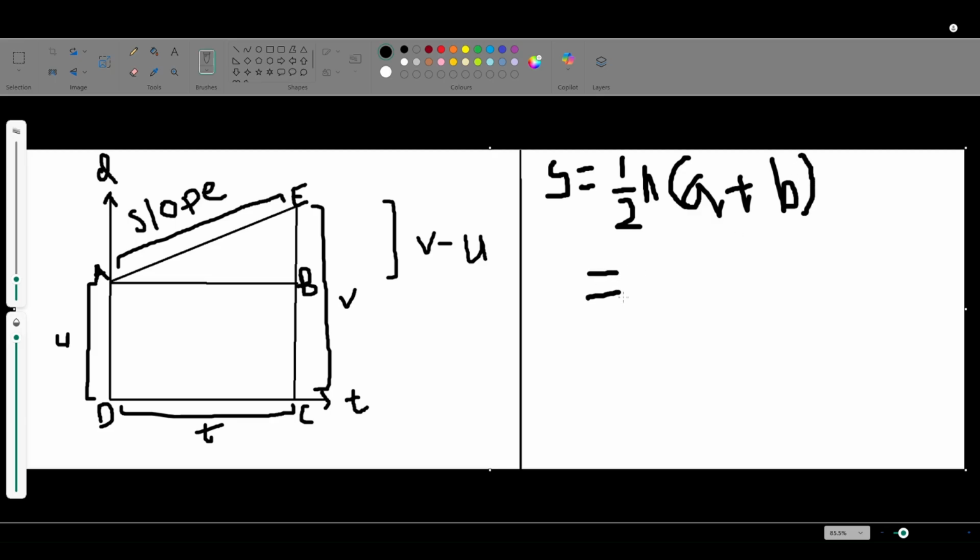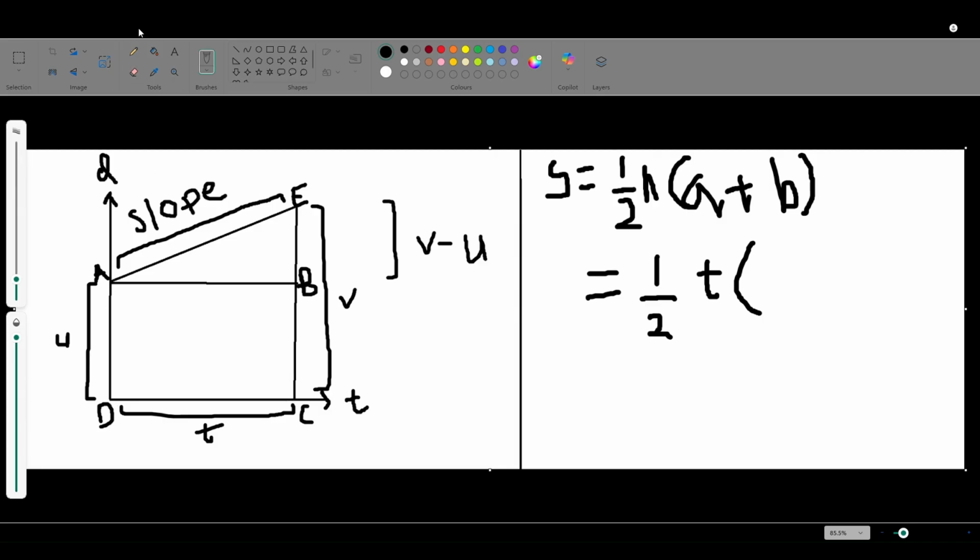Let us substitute here. The height in the case of our trapezium is t, because you can see this is our height. We can write it as t, and our parallel sides here are EC and AD.